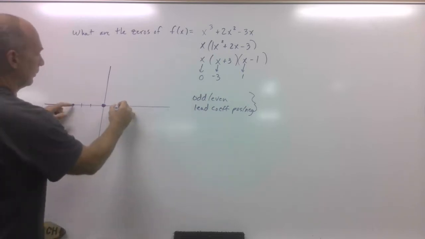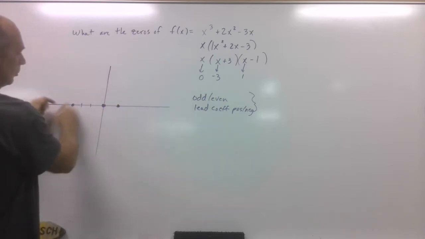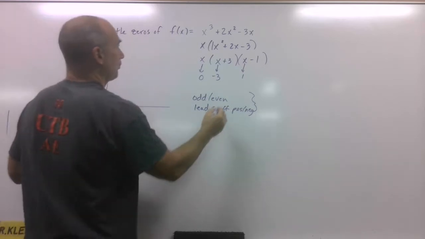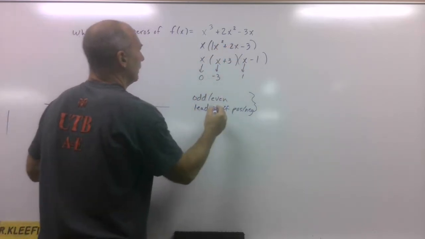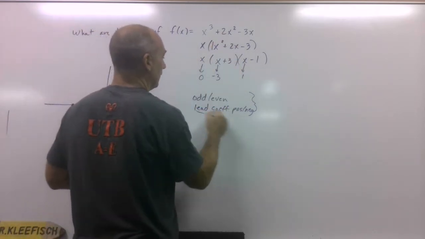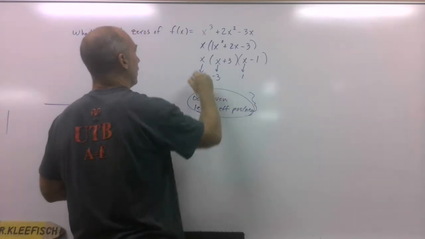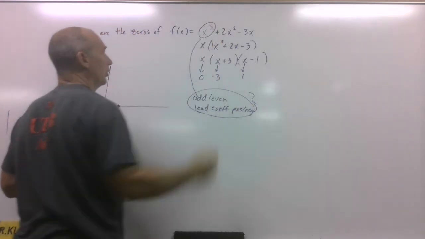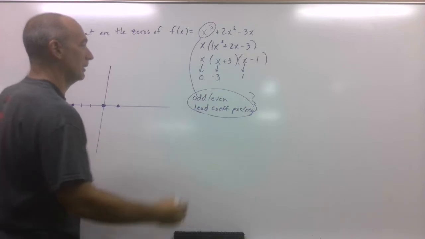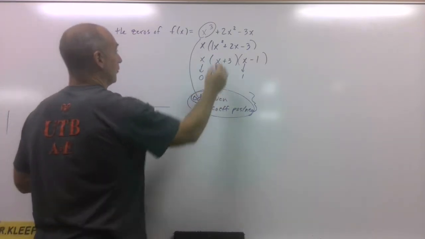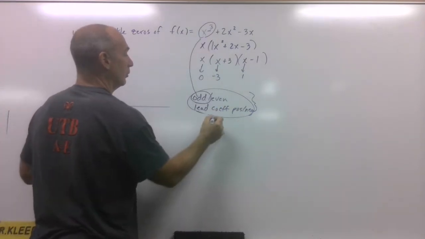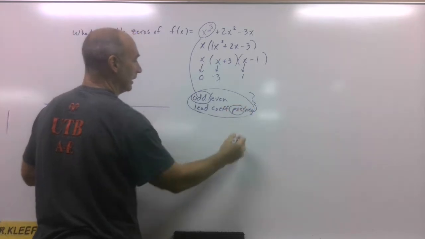Does it go up? Does it go down? Does this go up? Does it go down? So if we look at this, this is actually easier to answer now because all I have to do is look at this term, the highest powered term. So that's an odd, specifically a cubic, with a positive leading coefficient.